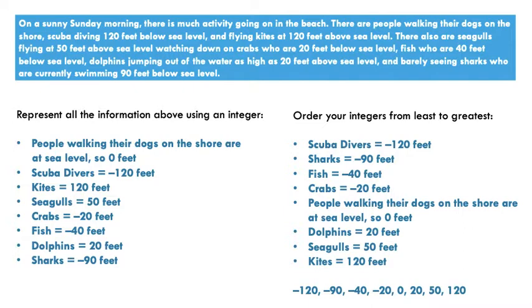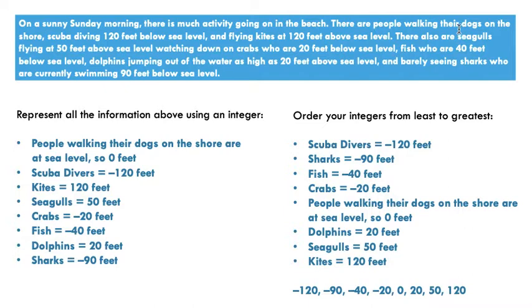There are also seagulls flying at 50 feet above sea level, watching down on crabs who are 20 feet below sea level. Fish who are 40 feet below sea level, dolphins jumping out of the water as high as 20 feet above sea level, and barely seeing the sharks who are currently swimming 90 feet below sea level. Okay? So let's take one at a time.